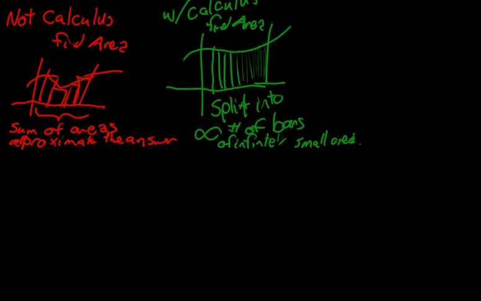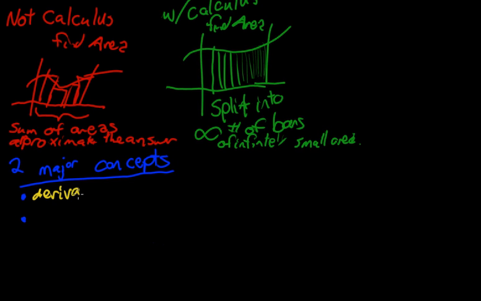With calculus, there are, we'll say, 2 major concepts, and there's going to be a minor concept. So the 2 major concepts in calculus, first one is a derivative. And a derivative is just a fancy word for slope.